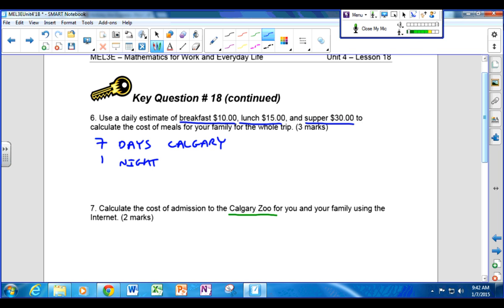Actually, it's 2 days traveling to Calgary, and then it's 2 days traveling back. Presumably, we haven't worked that out yet.